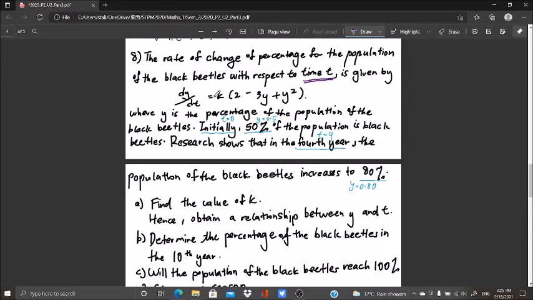If you apply the chain rule, dy/dx equals dy/dt times dt/dx, it wouldn't work, because this comes from the differential equations chapter. So you must integrate both sides. Bring the whole y thing to your left hand side, and then integrate both sides. So you can obtain an equation and substitute the readings here. You will obtain k.